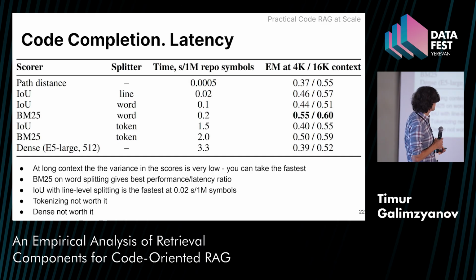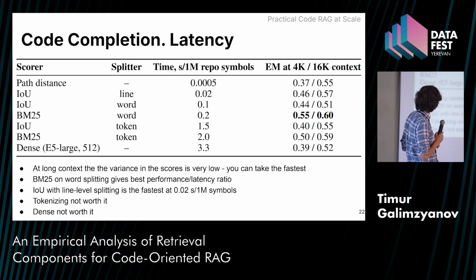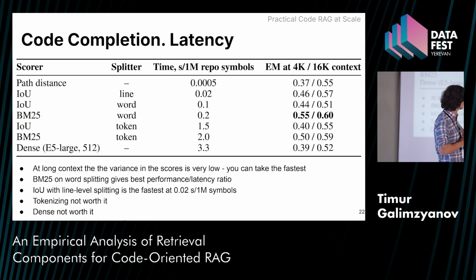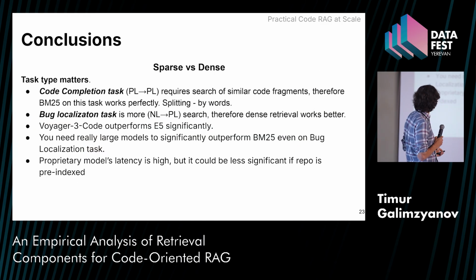And here BM25 outperforms everything. However, if you are very interested in very low latency, you would probably look into intersection over union across lines too, because it is pretty bad, but not so bad as path distance.